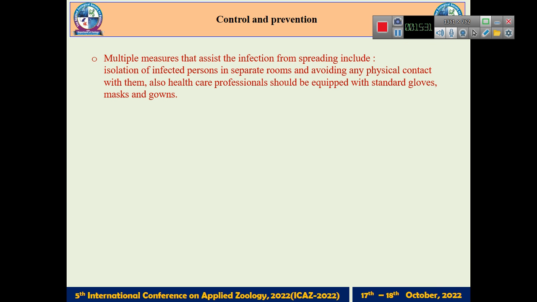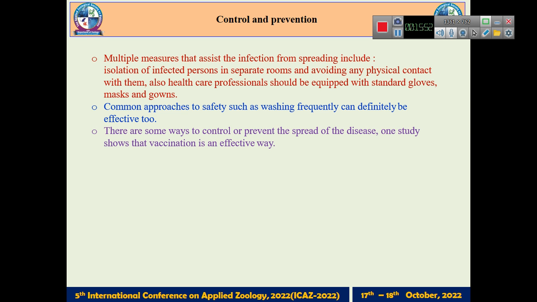In this slide, we want to talk about control and prevention of monkeypox virus. Multiple measures that assist in stopping the infection from spreading include isolation of infected persons in separate rooms and avoiding any physical contact with them.